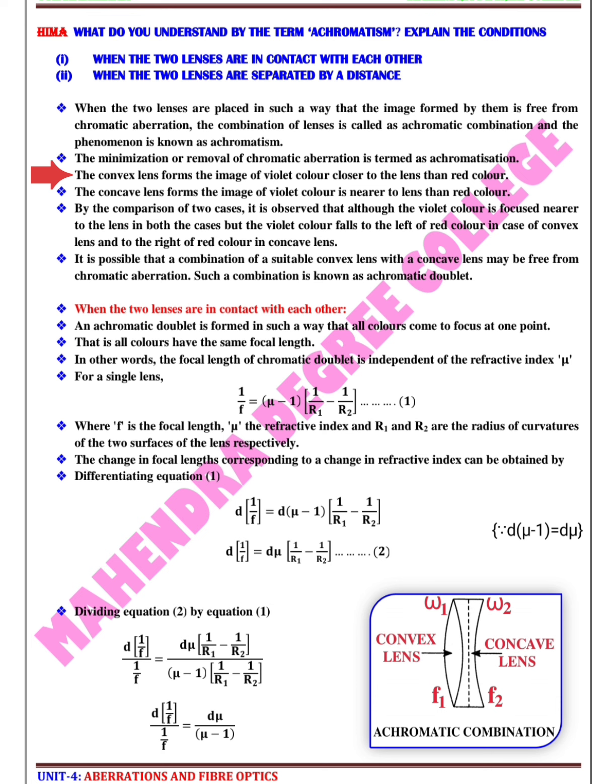Violet light has a shorter wavelength and bends more than red light, which has a longer wavelength and bends less.